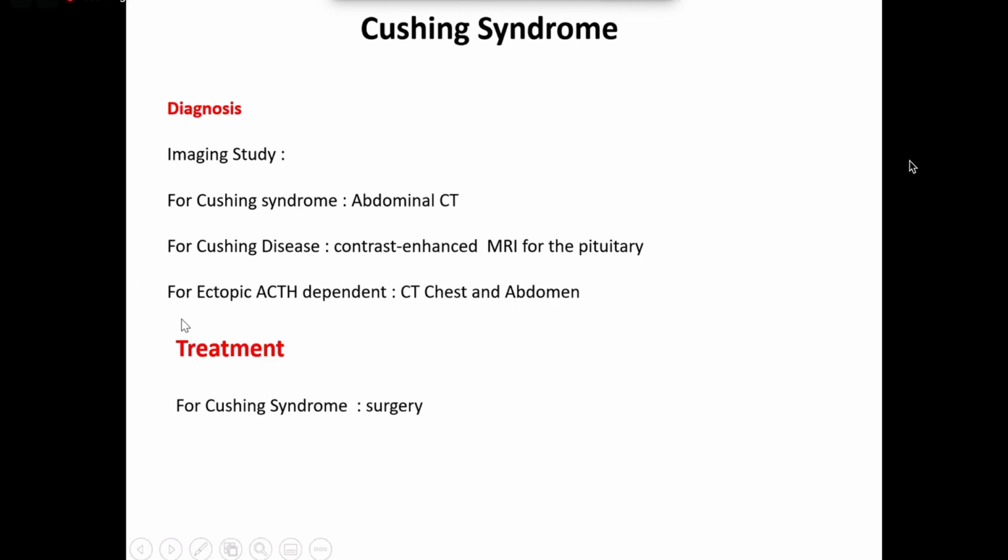And for ectopic ACTH dependent Cushing, we need a CT chest and abdomen to scan for lung cancer or abdominal tumor. Of course, for us, if we end up having Cushing syndrome secondary to a unilateral adrenal mass or adenoma, we'll end up having surgery.